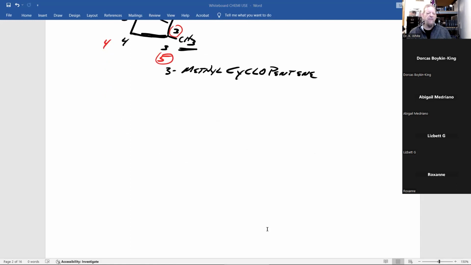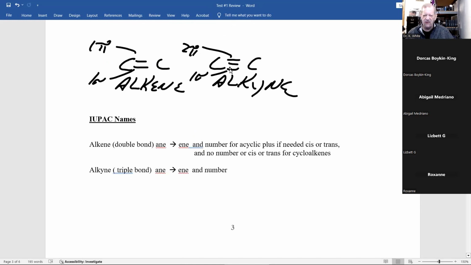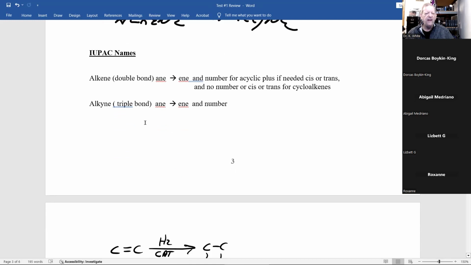Now, triple bonds are a lot easier. If you have a triple bond, remember that's 3 lines between 2 carbons. You find the longest chain with the triple bond, you drop the -ane ending, name it as an alkane, and this is wrong too. Boy, I've got to go back and correct this. I apologize. And you put -yne and a number.